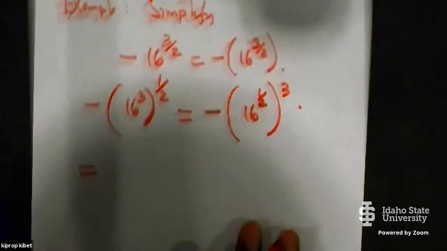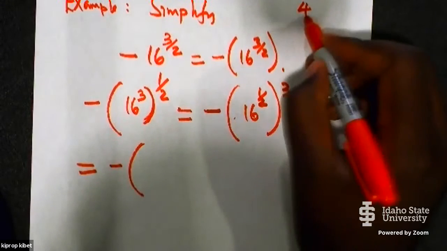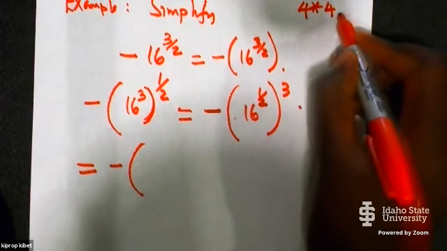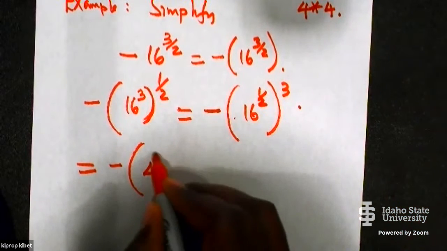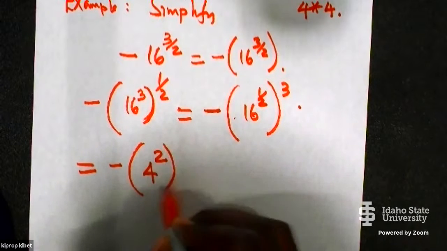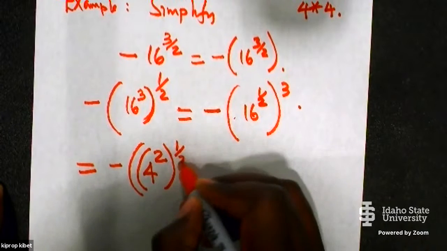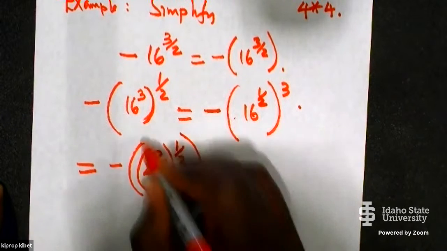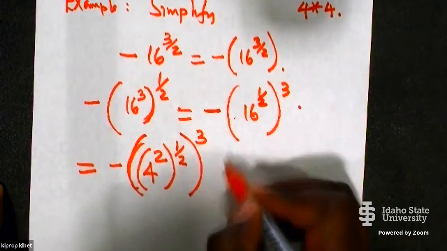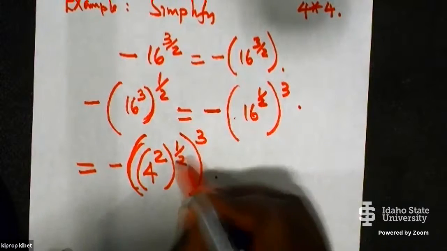So 16 is 4 by 4, which is the same as 4 squared. And this 4 squared, using the power property, is raised to 1 over 2, all raised to cube. Finally, what do you get?